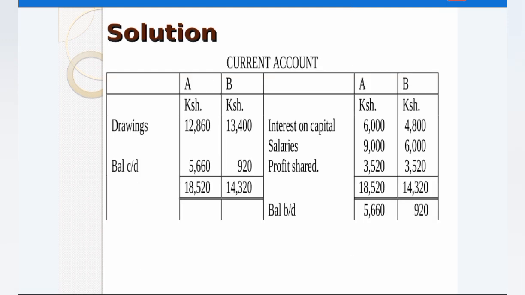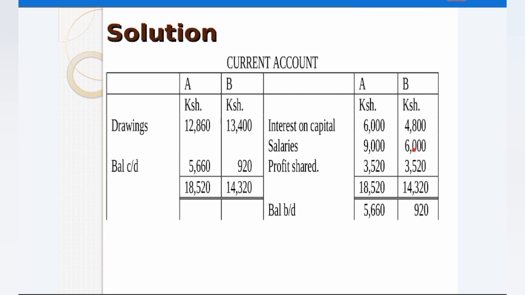If we had the opening balances, then we will credit those opening balances in the current account here. And if there was any partner with a debit balance, we will debit the same in the current account. But we have the interest on capital, which is 6,000 for A and 4,800 for B.